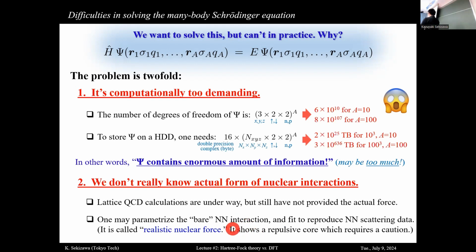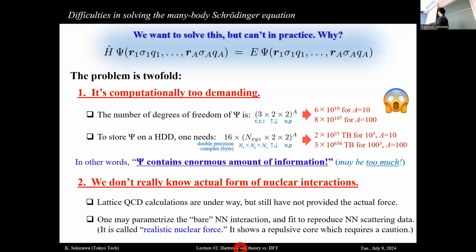And also we may parameterize the nuclear interaction in some form coming from symmetry assumptions and fit to the NN scattering data. Actually, there is such an interaction we call the realistic nuclear force, or bare nuclear interaction. But the problem is it contains some repulsive core, right?